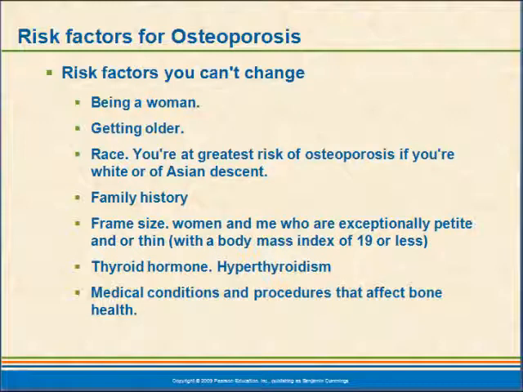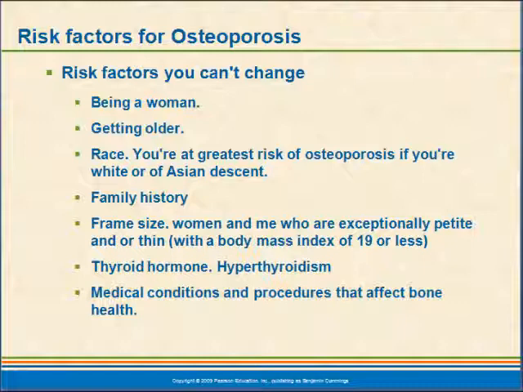There are some risk factors that you can't change. Being a woman, getting older, those you cannot change. Race. You're at a greater risk of osteoporosis if you are of white or Asian descent. Family history. If there is a history of osteoporosis in your family, then you are more likely to develop it. Frame size. Women who are exceptionally petite and thin, they're going to have less bone mass to lose.